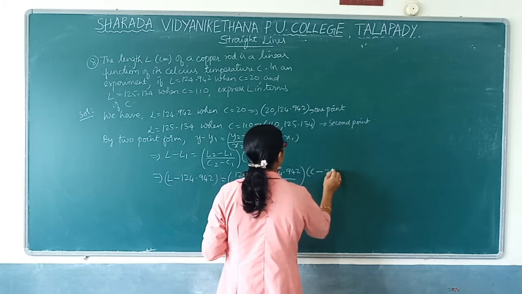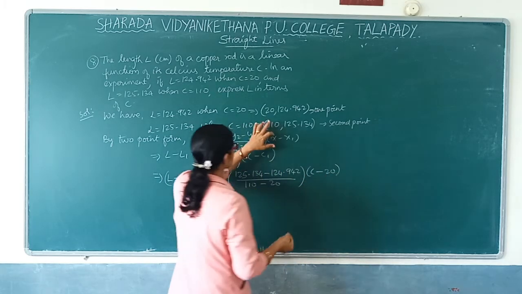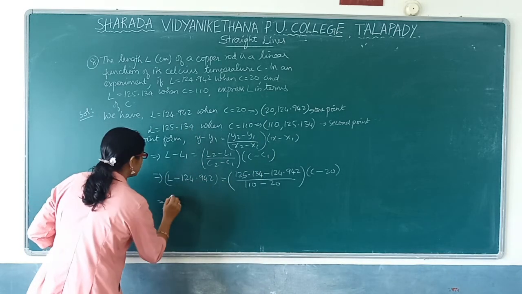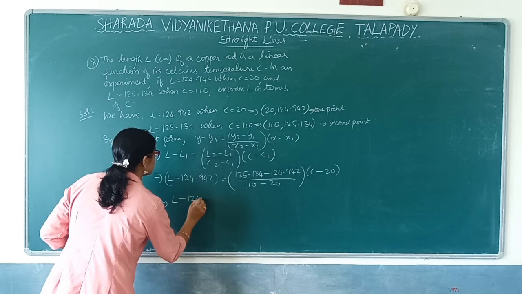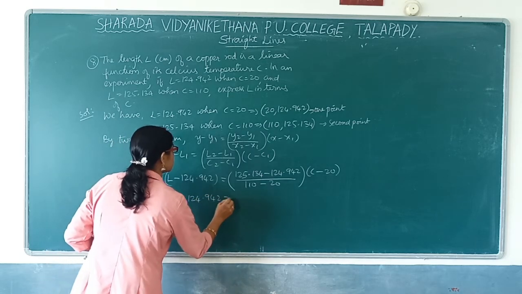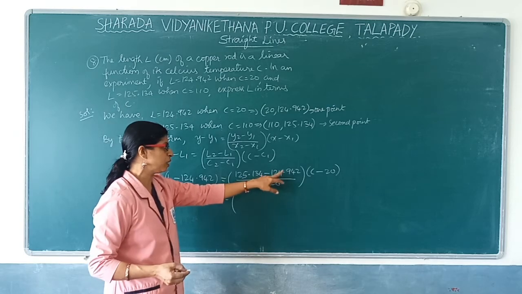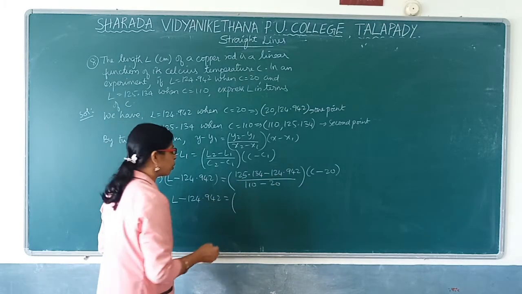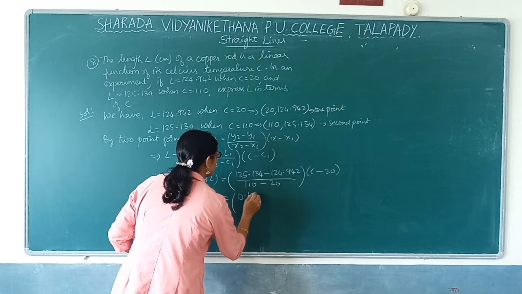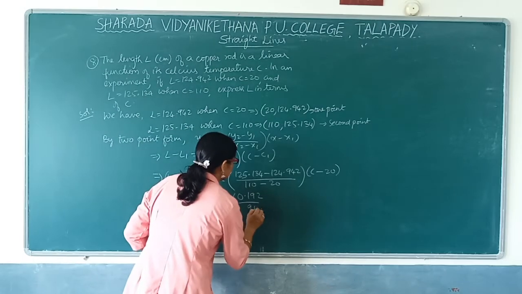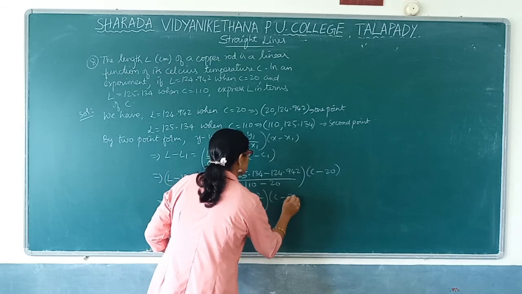What is the C1 value? The C1 value is 20. Now this we cannot simplify any further, keep it as it is. We can subtract 125.134 minus 124.942. It comes out to be 0.192. So 0.192 divided by 110 minus 20, which is 90, of C minus 20.